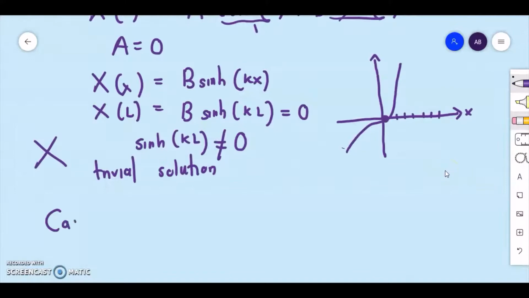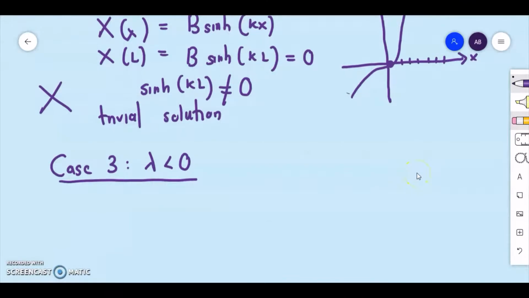Okay, now move on to my case 3, which is lambda less than 0. Now for this case 3, we let lambda equal negative kappa squared, so kappa will always be positive here.